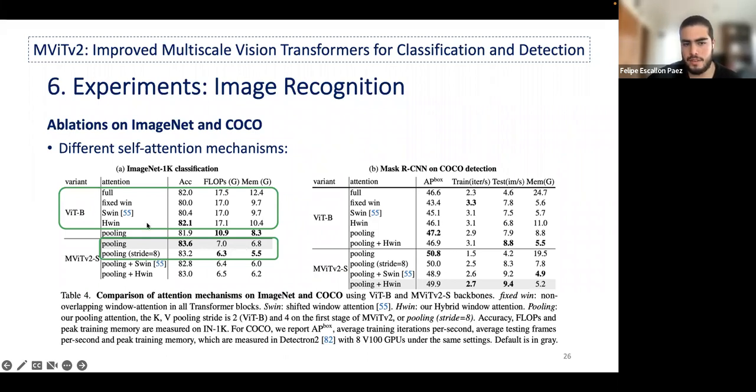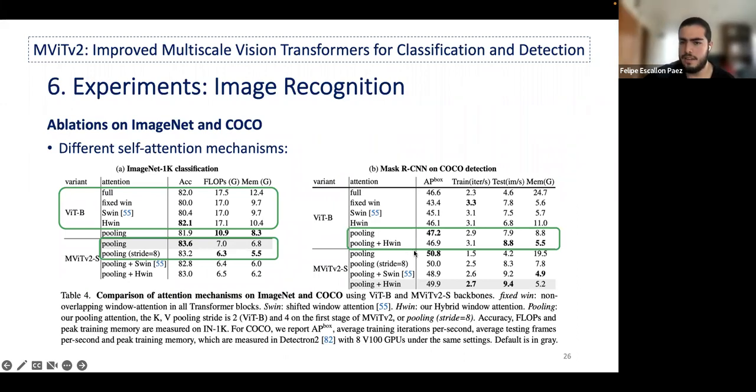In the previous one, they are proud to show that when they have the full attention mechanism, they achieve 82, but when doing a fixed window, it is reduced. The same with the Swin mechanism, but using their now proposed H-Win, they not only recover it, but get a better performance by a small margin.